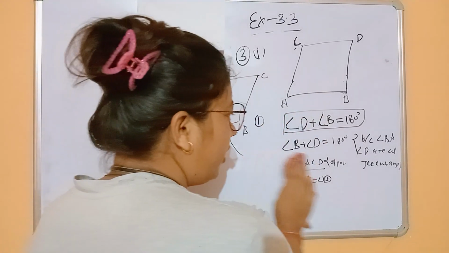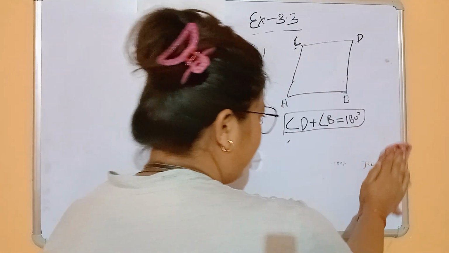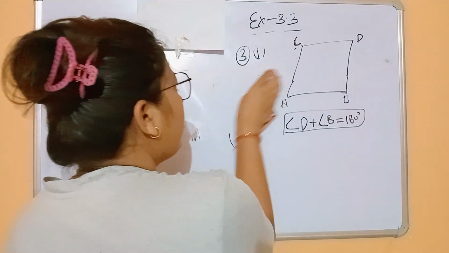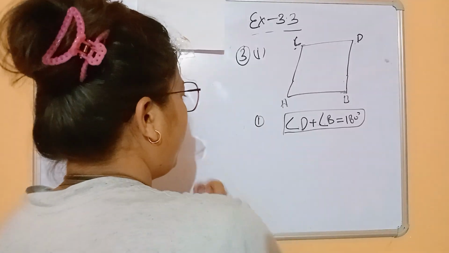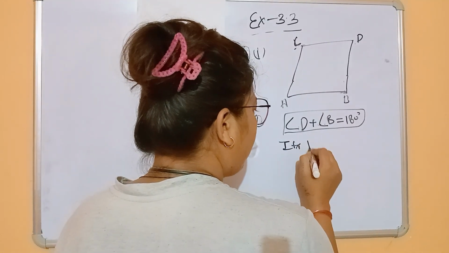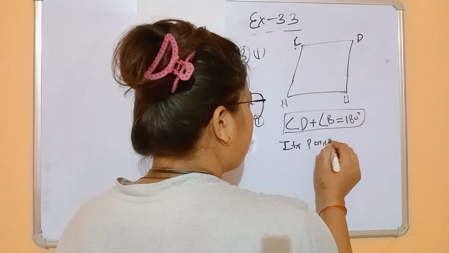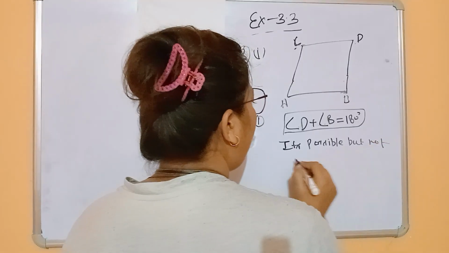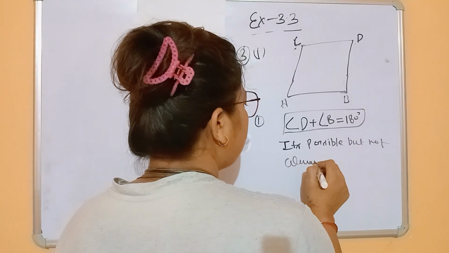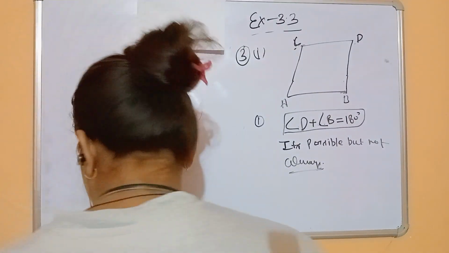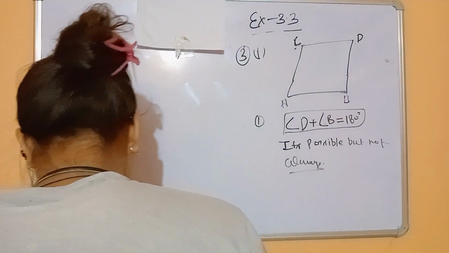From one figure it makes adjacent angles, from the next it makes opposite angles. So you can write in your answer it's possible but not always. If you draw two figures, it's better for you.